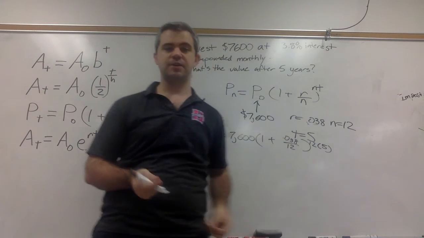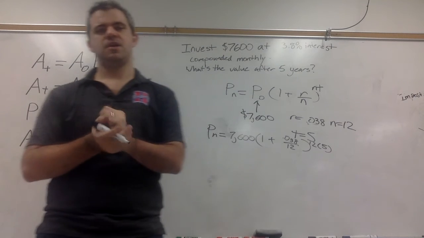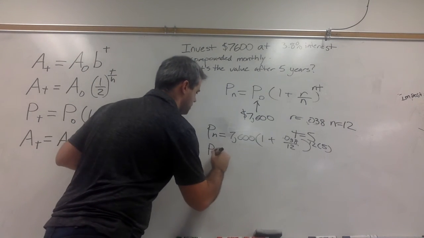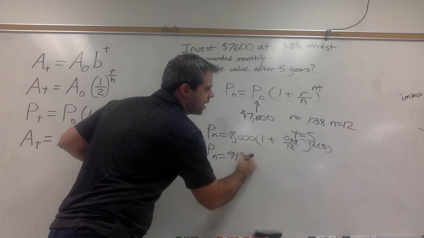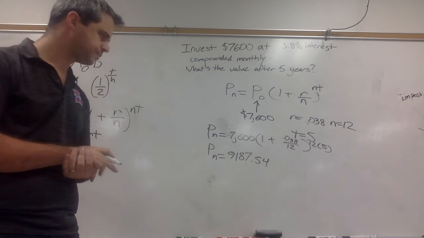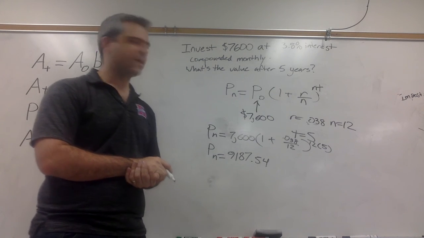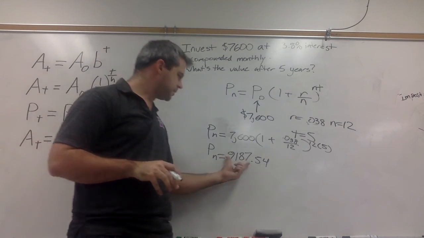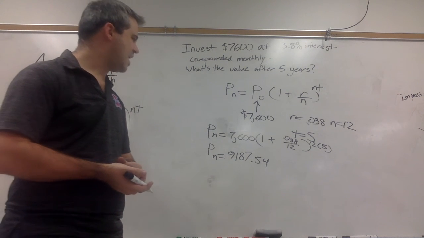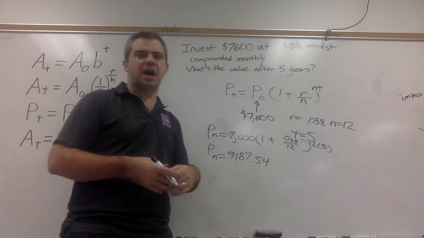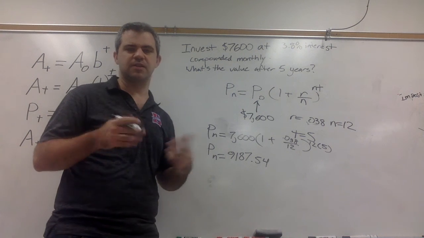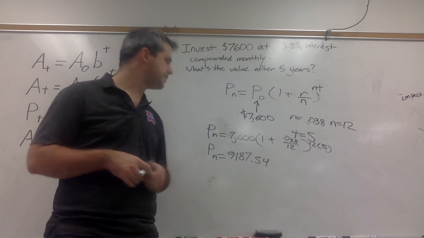Plug that into a calculator, being very careful with your order of operations, and you should get 9,187.54. Okay. So approximately $9,200 after 5 years. So not a hefty return, okay, but better than just sitting there letting your money lose value. So there you go.